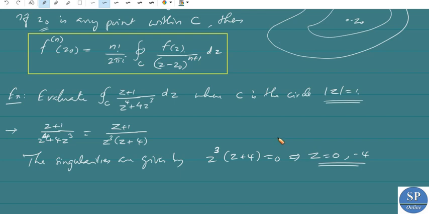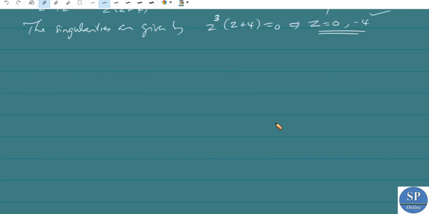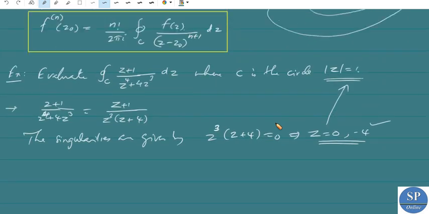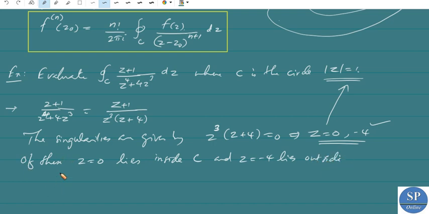Out of these singular points, z equal to 0 lies inside C, where C is mod z equal to 1, and the other singular point, minus 4, lies outside C, right?